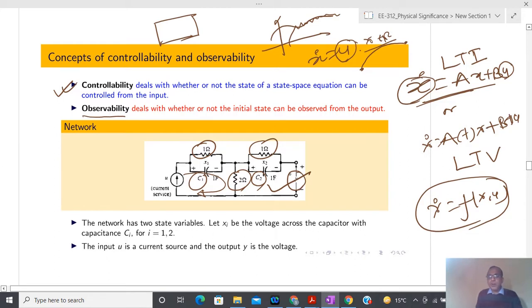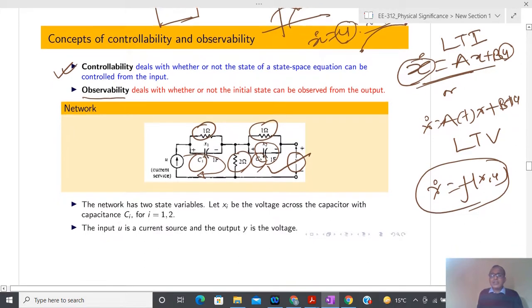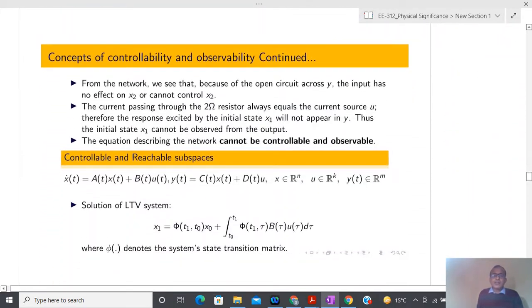In this problem, if you measure y, you are able to understand the state of this capacitor, but you are not able to measure x1, because x1 is a function of this current, so this system is unobservable. Using the measurement of y, I cannot determine a specific measurement of this. Due to that reason, I have written that the system I have considered here is not controllable and not observable.